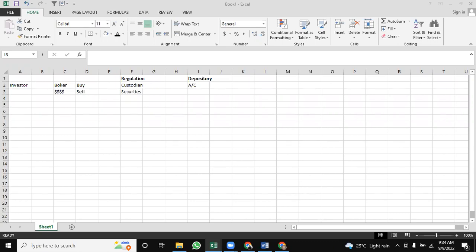Ma'am, pricing method in IPO. So we have book building and we have something called fixed price. Fixed price is simple enough.